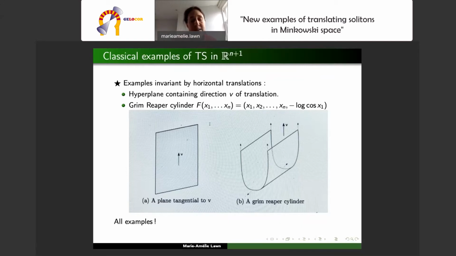And as a matter of fact, we can show that in R^(n+1), these are the only examples, up to isometry and maybe tilting the Grim Reaper cylinder, of translating solitons which are invariant by translations.